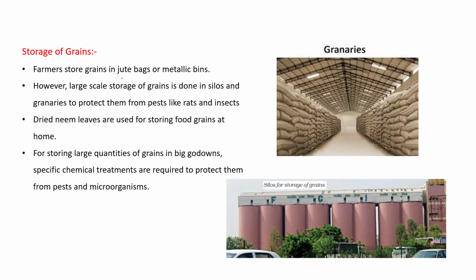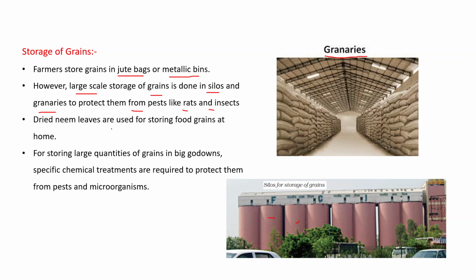Farmers store grain in jute bags or metallic bins. However, large-scale storage of grains is done in silos and granaries to protect them from pests like rats and insects. You can see the diagrams. This is a granary, and these are silos.